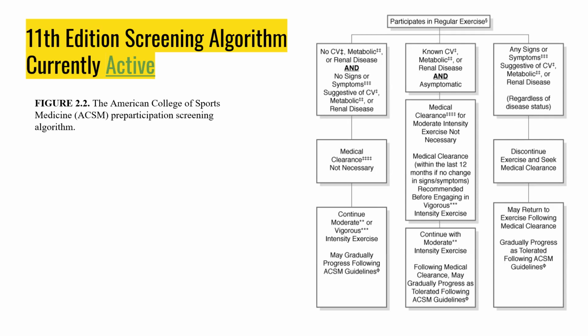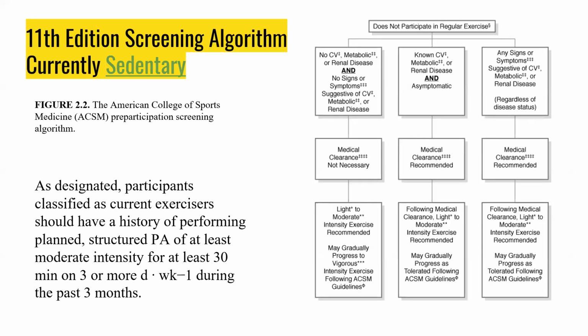But what happens if your client does present any signs and symptoms suggestive of cardiovascular disease? Then you can look at the other columns, right? And you can follow through the recommendations. So let's say our client is a sedentary individual. I would use this algorithm over here.